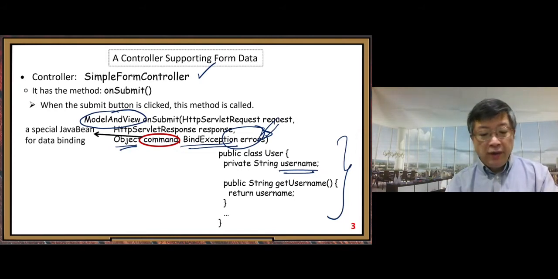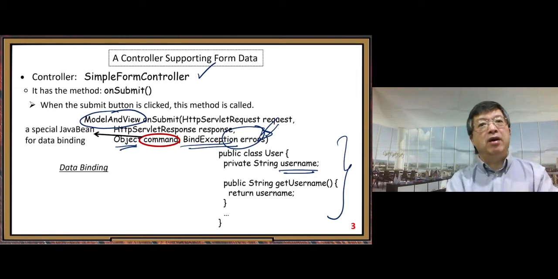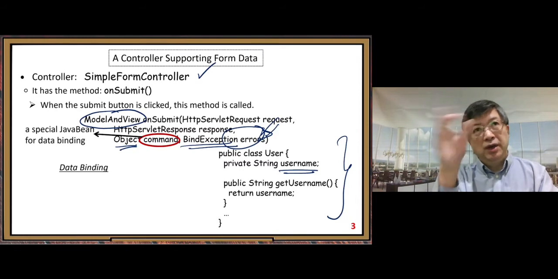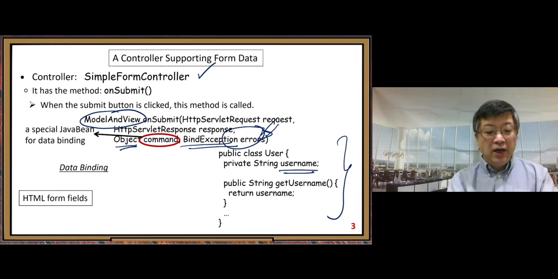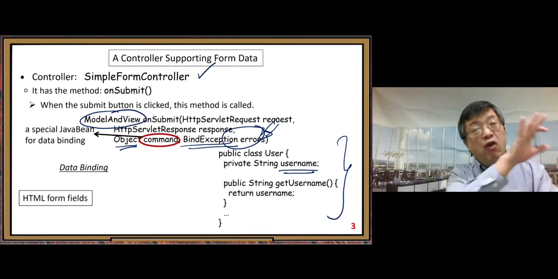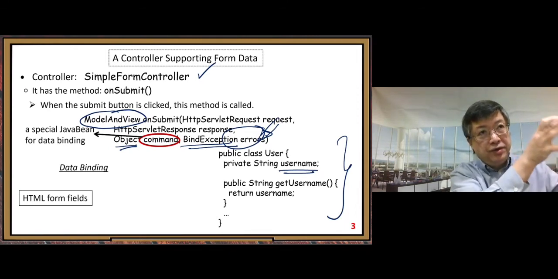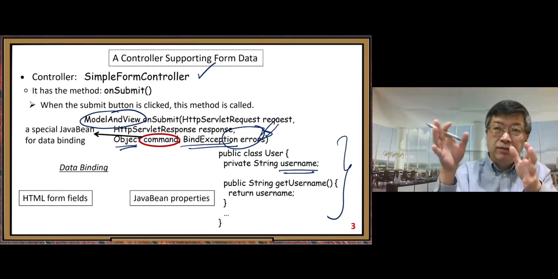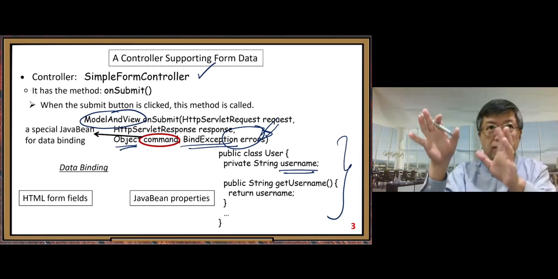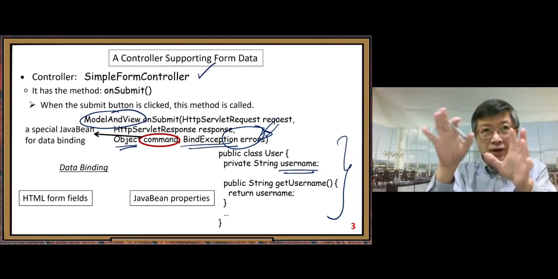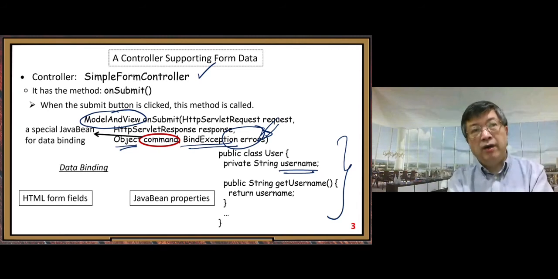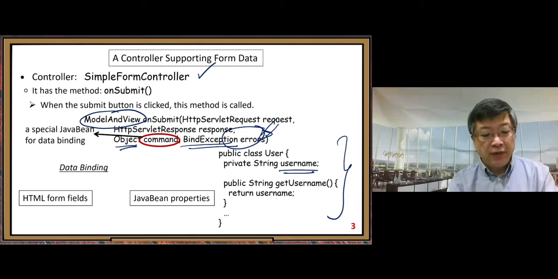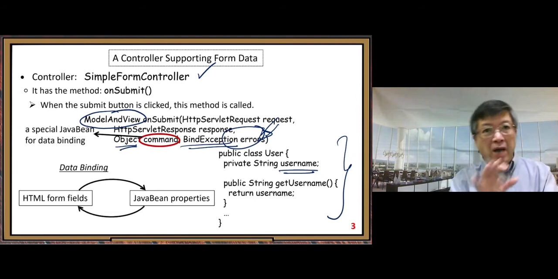Then the data binding part, okay? The general data binding part is similar to the small diagram I drew in the previous slide. You have the HTML form fields on one side, the user side, and Java Bean properties on the other side, the container side. The container will work on this object. Then there are two-way data copies.